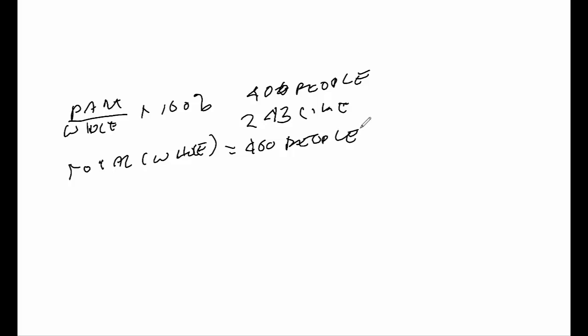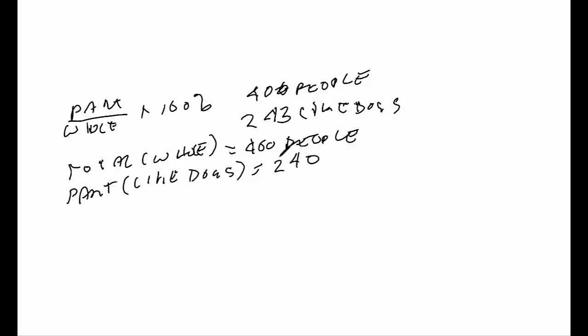And the part is the ones who say they like dogs, so the part in this case would be the 243. Now we set up the fraction as the part over the whole. So the part is 243 and the whole is all the people we interviewed or surveyed.